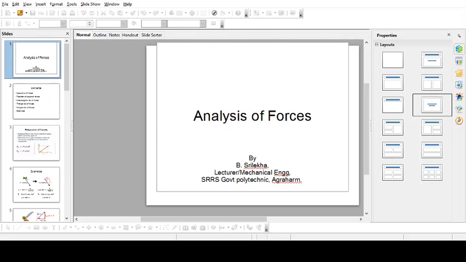Again, there will be some special cases, like if P is equal to Q. It means when both the forces are equal. So if you substitute P instead of Q, then R is equal to under root P square plus P square plus 2P into P cos theta. So P square plus P square is nothing but 2P square, again 2P square plus 2P square cos theta.